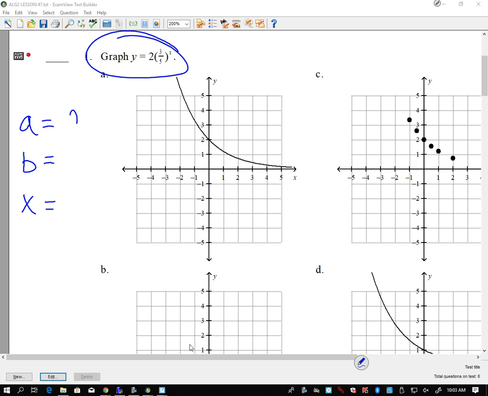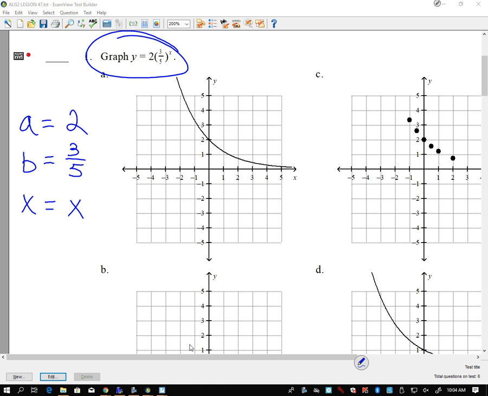Two is a. Okay. What is b? 3/5. Okay. And x is x. Okay.